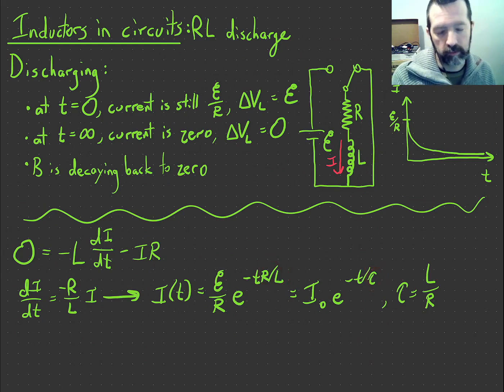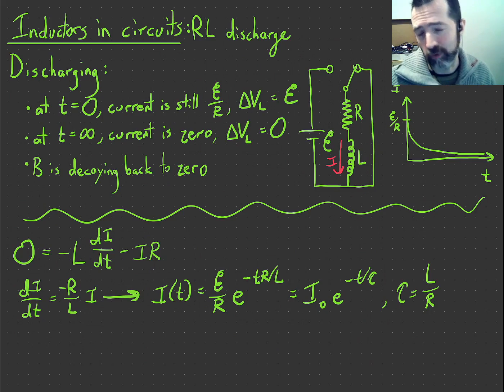In this case, the time constant is L over R. With an RC circuit, the time constant was R times C, and this time it's L over R. So that could potentially confuse you, but it still has a time constant.